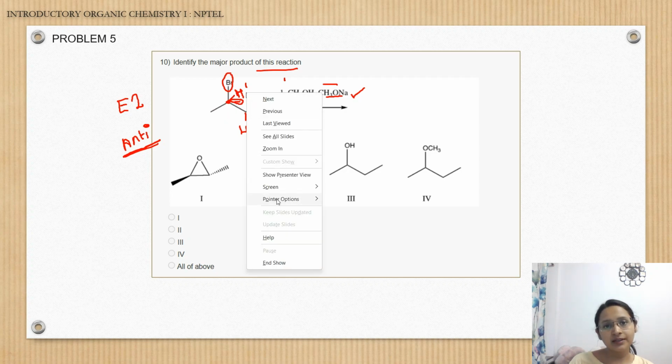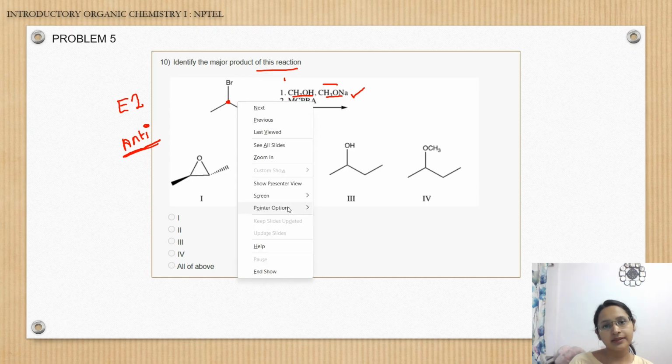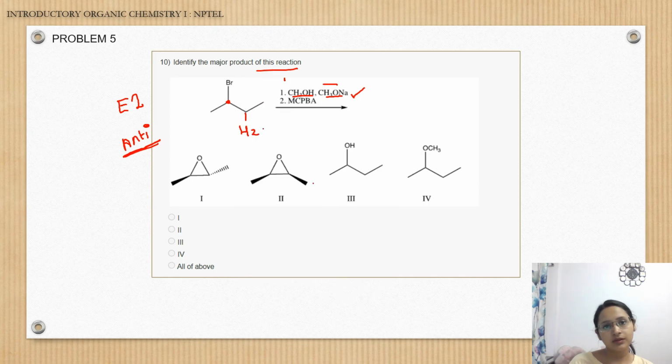But if you abstract this H1 from this position and this negative charge is getting formed, will it lead to any kind of elimination, do you think? Because here only this hydrogen H2 is present anti to this bromo, and after the abstraction and generation of this carbanion at this position, it will go here and this bromo leaves, right?